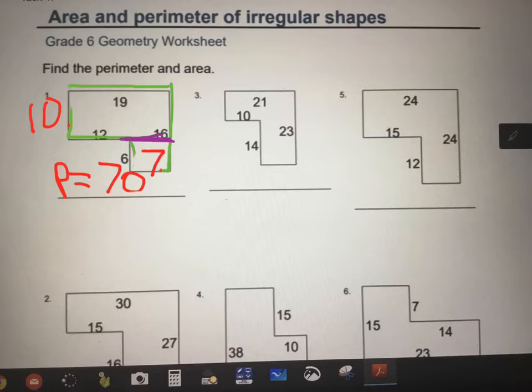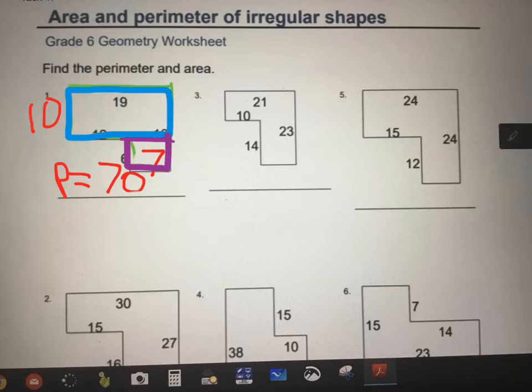So remember, area is length times width. So let's go ahead and color coordinate. We'll make our rectangle blue, and then we'll make our square purple.